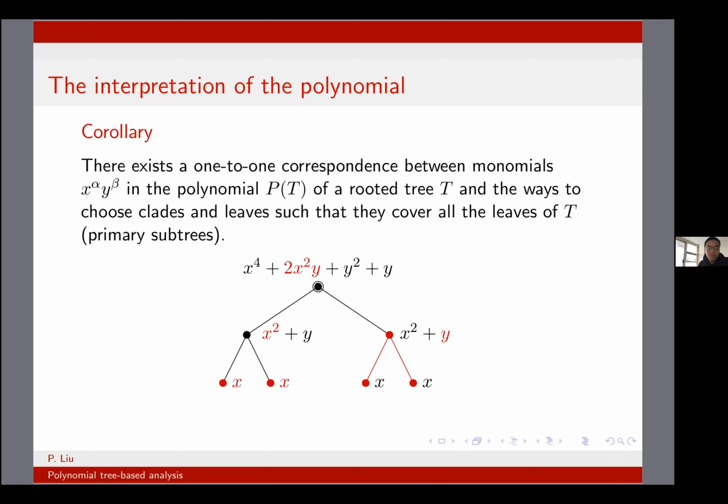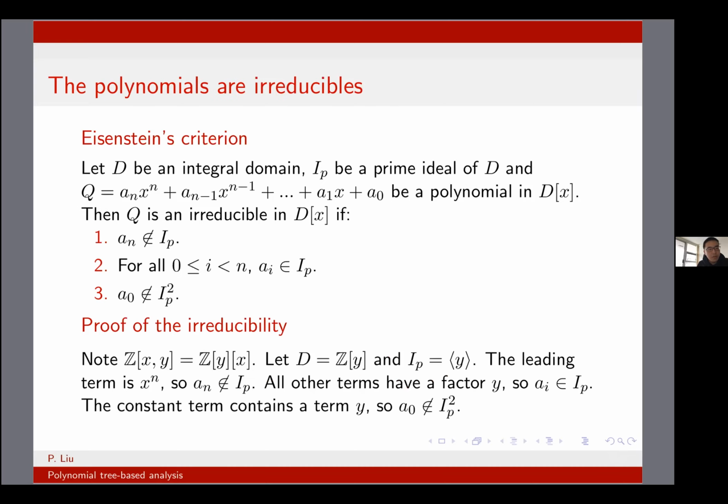So for all the other terms, their coefficients would have a y term. That actually satisfies the second condition here.